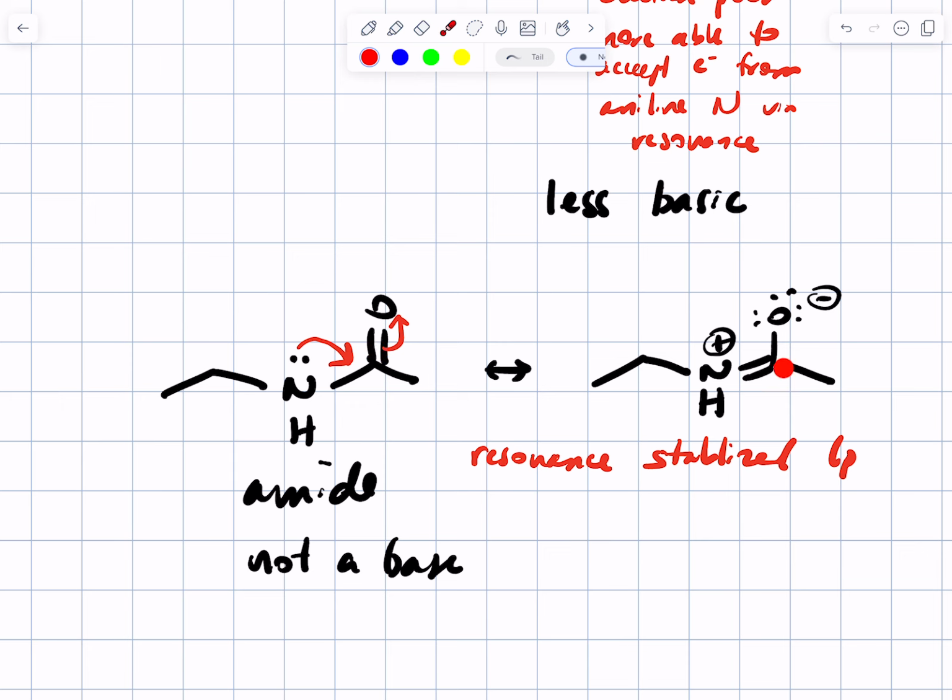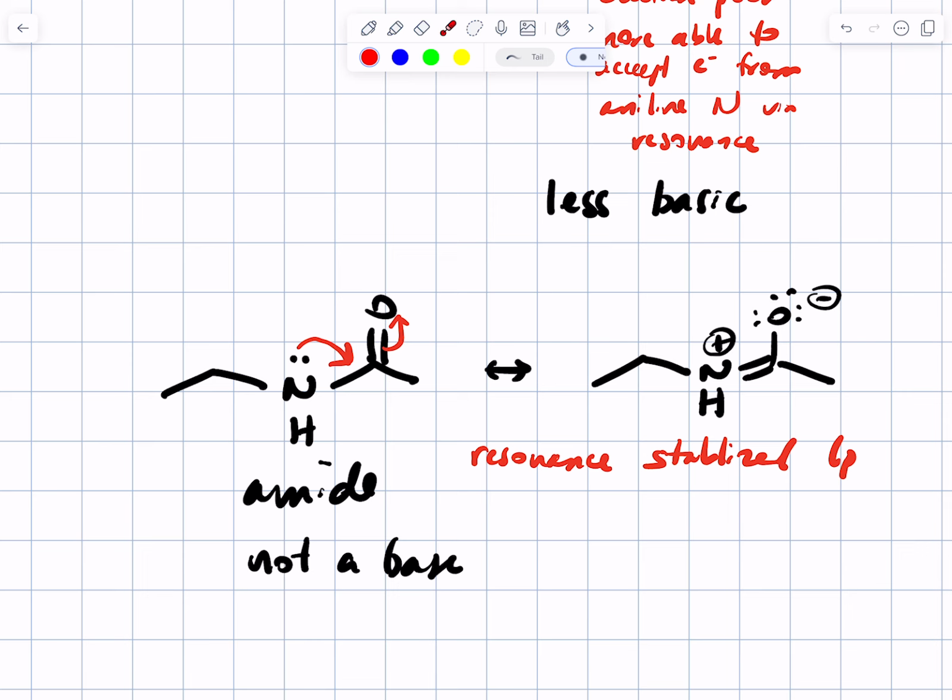Resonance is stabilizing, but for it to occur, the lone pair must be in a p orbital. So you need to get used to and actually good at recognizing when nitrogens are in p orbitals, and that's when they are adjacent to pi bonds, where the nitrogen itself is not already participating in a pi bond.